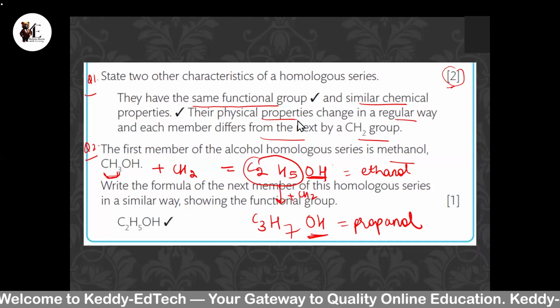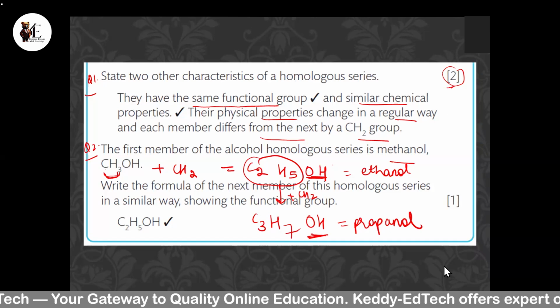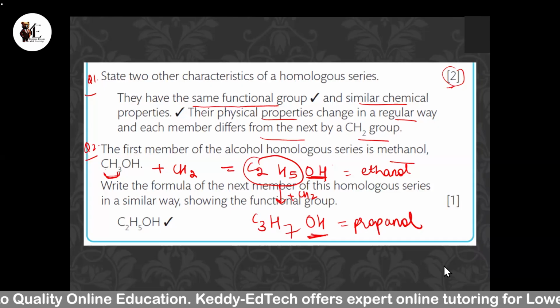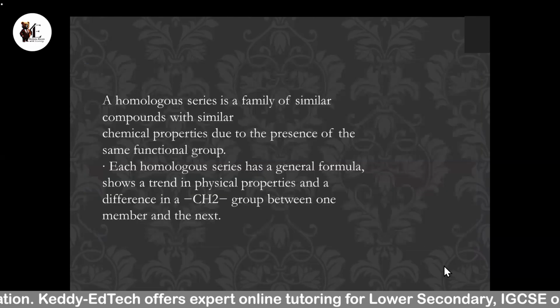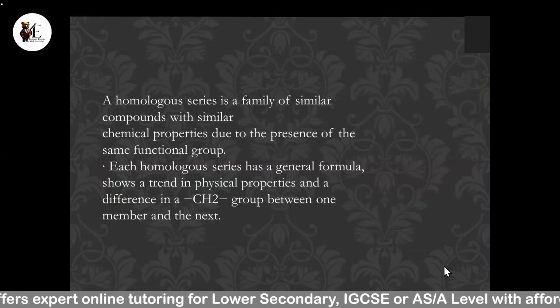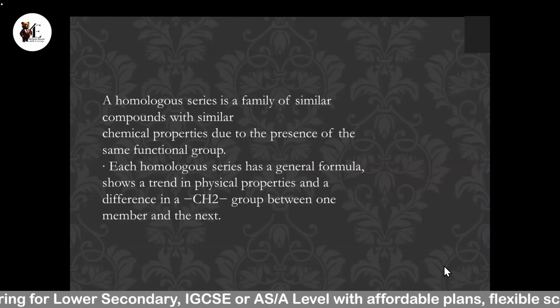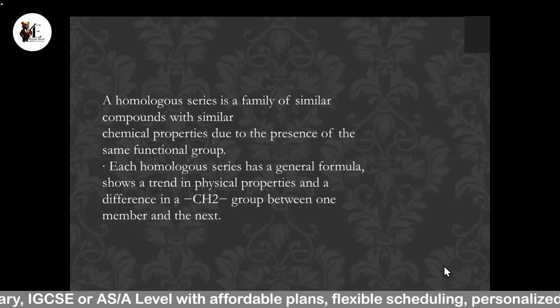Okay, take a screenshot of this slide. So this is the homologous series. It is a family of similar compounds. What is homologous series? If I ask you in a test, then you have to write exactly this, that it is a family of similar compounds, similar chemical properties.